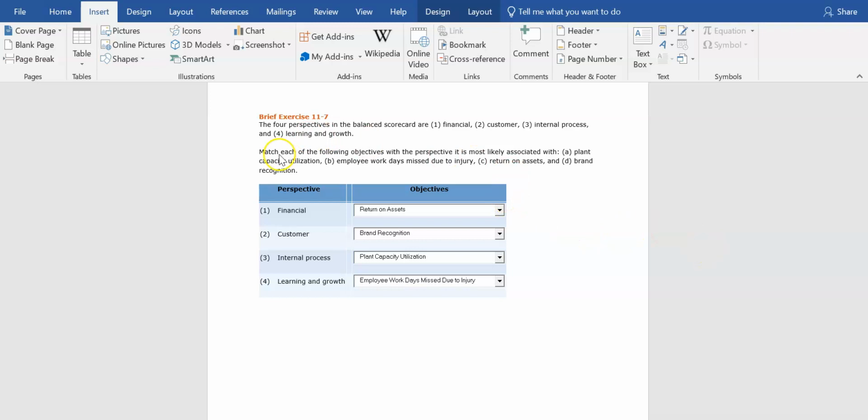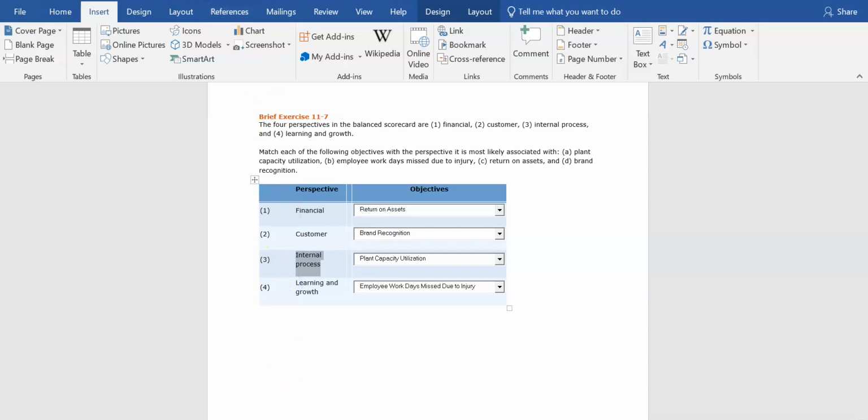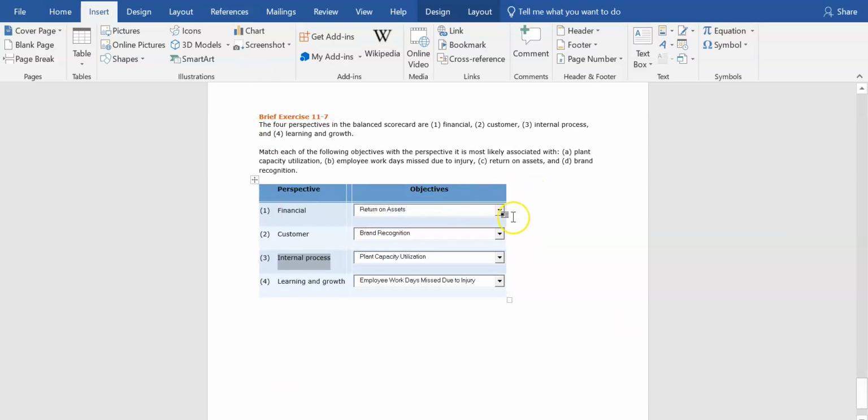And so what this is doing is just having you match each of the Balanced Scorecard objectives, which are financial, customer, internal process, learning and growth, to which objective makes more sense.